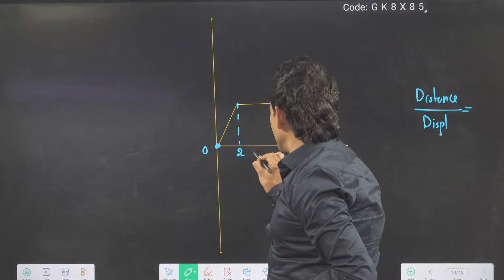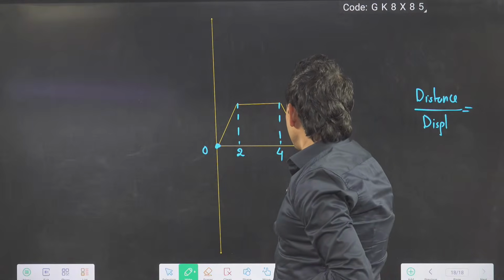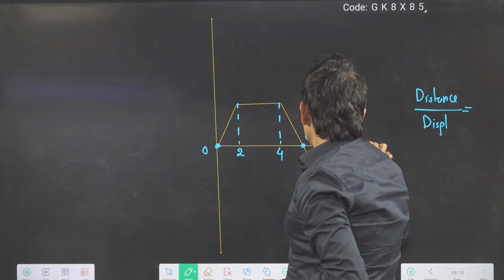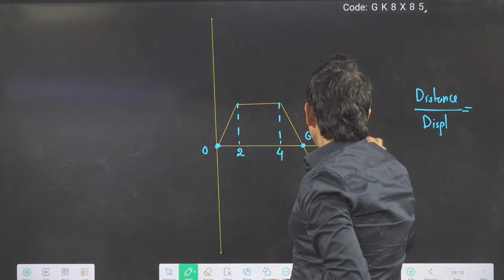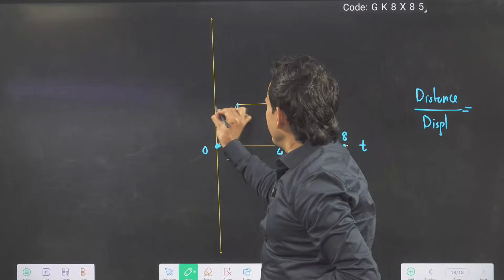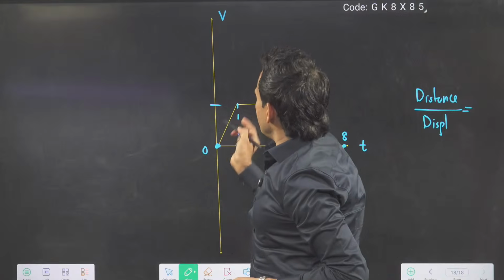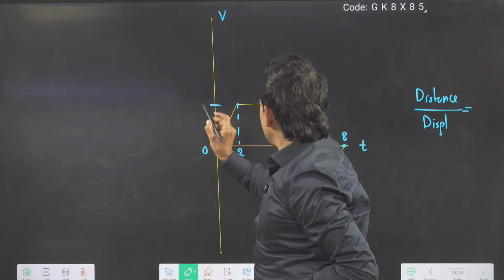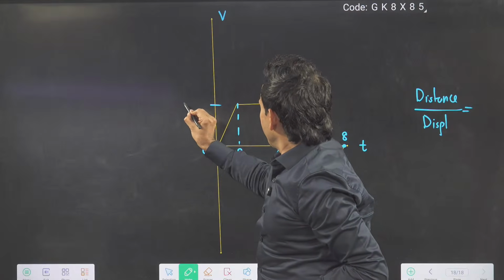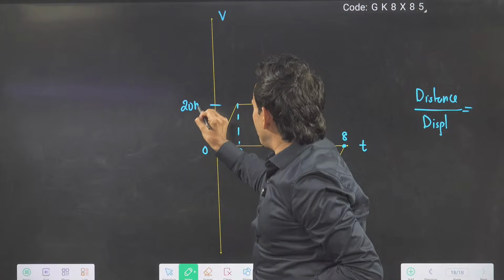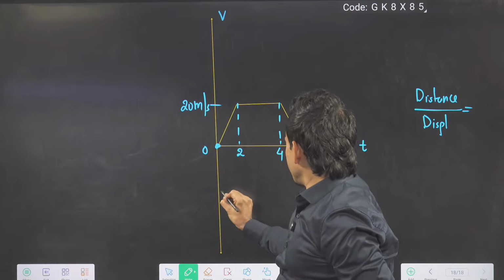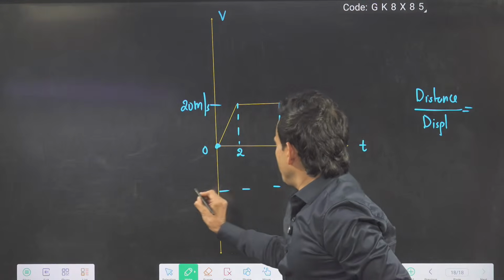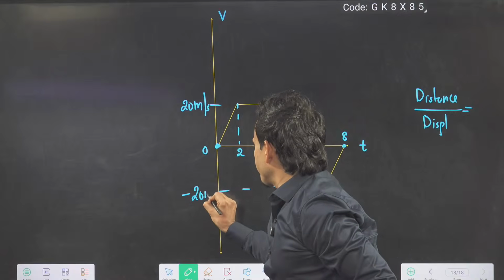0, 2, 4, 6, 8: this is the time axis, and all these values are in seconds. And this is your velocity axis. It is given as 20 meter per second, and this data is also given: minus 20 meter per second.